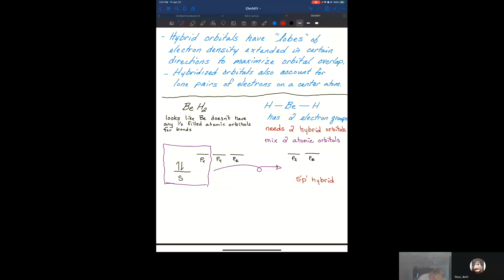These are just a little bit higher in energy than the regular s. And I've got those 2 electrons to put in, and lo and behold, 1, 2.